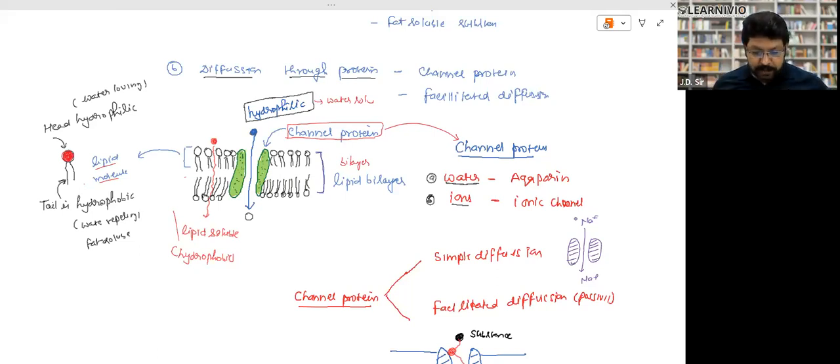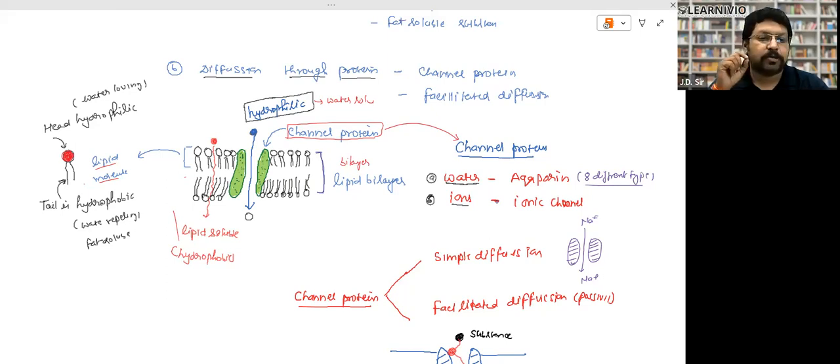Note it down. On page number 117, there is a line that has been asked twice as a question. Please note down: there are 8 different types of aquaporin in the cell membrane.